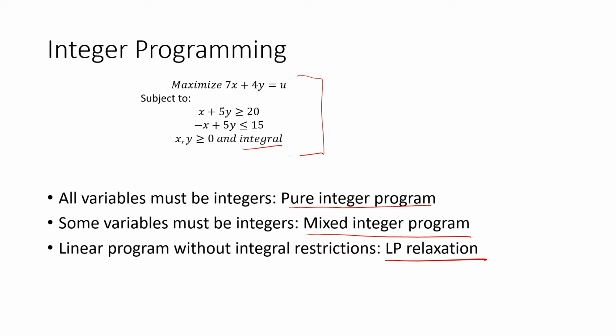Which makes sense because the integer restriction is just adding a new constraint or a new restriction on your problem. The more restrictions you add, the more constrained you are, and the worse your solution can potentially be. You can never get better by putting more restrictions on your solution. Okay? Sometimes it'll be the same, but it will never be any better than your relaxation problem.